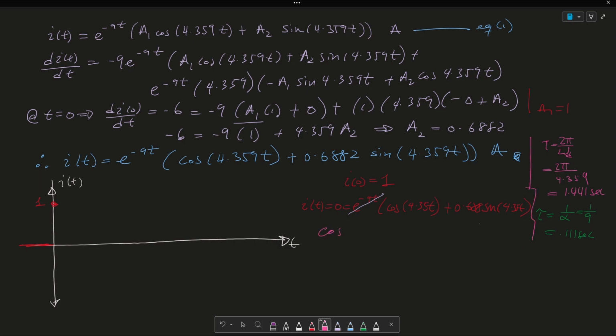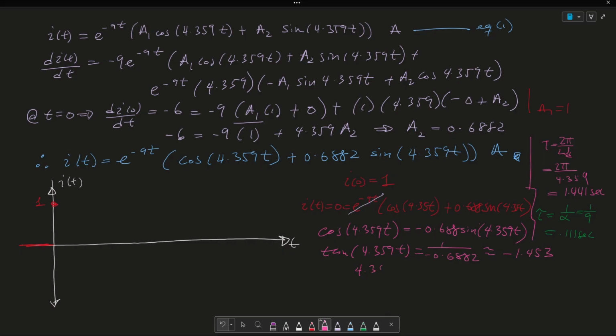We can go ahead and say that this is then cosine 4.359t is equated to minus 0.688 sine 4.359t. If I divide the cosine over on this side, I get that my tan of 4.359t is equated to 1 over minus 0.6882, which is approximately minus 1.453.